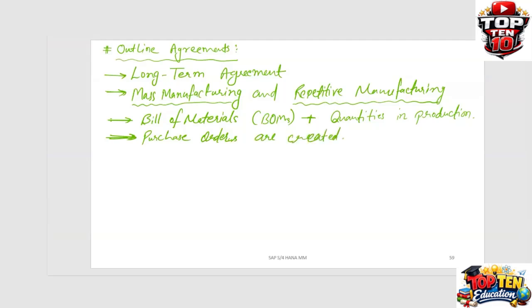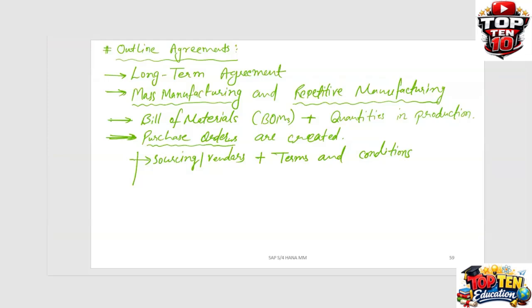Now, if you see the scenario, a purchase order is created only after complete processes such as sourcing. We know the source, we know the vendors, and that data is already maintained, plus terms and conditions. For example, we created one purchase order a day before or a month before.